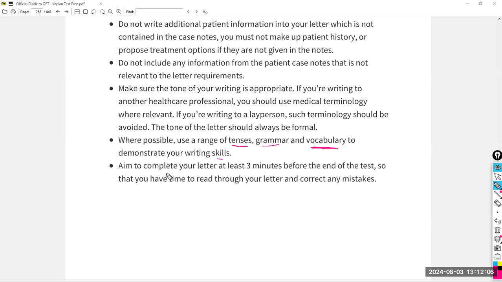So aim to complete your letter at least 3 minutes before the end of the test, so that you have time to read through your letter and correct any mistakes. This is extremely important because, guys, while writing the letter, you will not be able to focus on the grammar, because if you want to write something, you will focus on the ideas only, because your brain cannot focus on two missions.